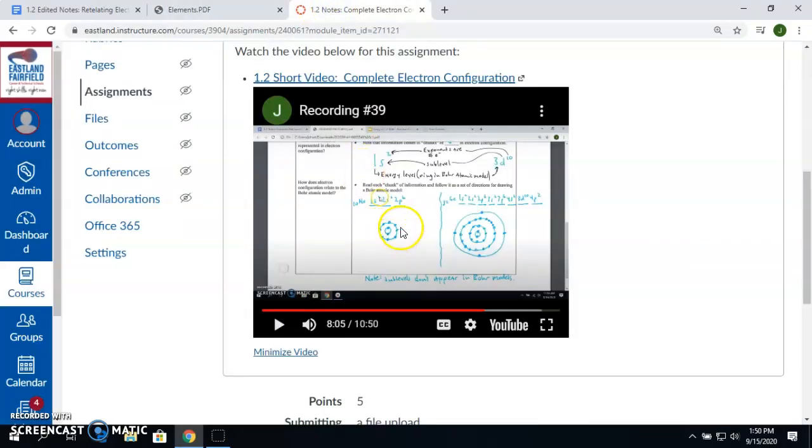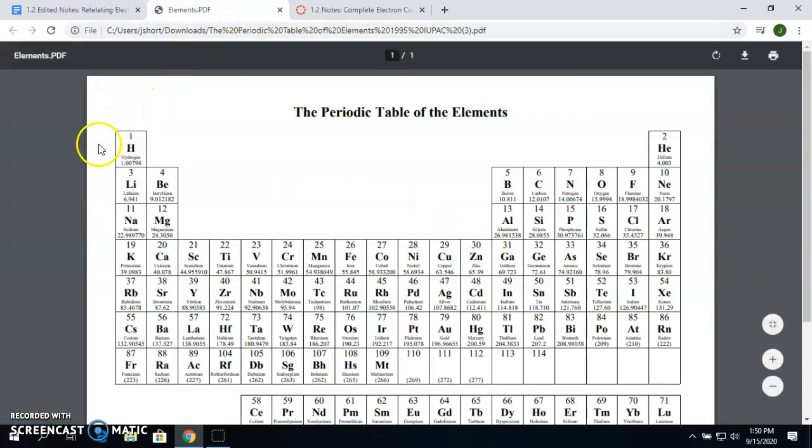And in fact, you can see it does have 2 energy levels. Here I can easily count 1, 2, 3, 4 energy levels for germanium. So we could make a prediction that germanium is going to be in horizontal period 4. If we count down 4 periods, 1, 2, 3, 4, here is germanium right over here.